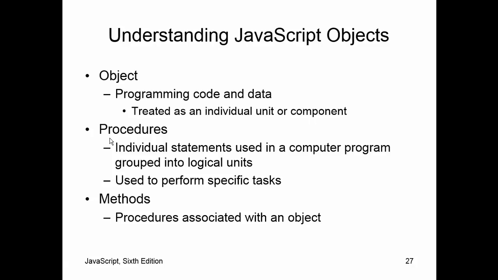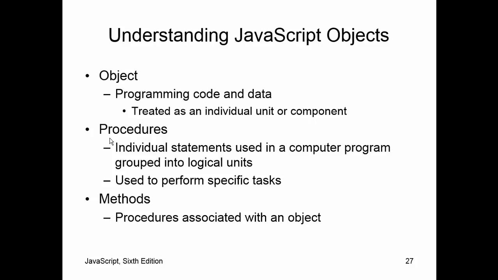JavaScript is what's referred to as an object-based programming language. And what that means is that when you use JavaScript, you can use object-oriented features. They're explaining it here, but it's a very, very limited explanation. But JavaScript is object-based, which means you can use object-oriented features in JavaScript, but you don't have to.